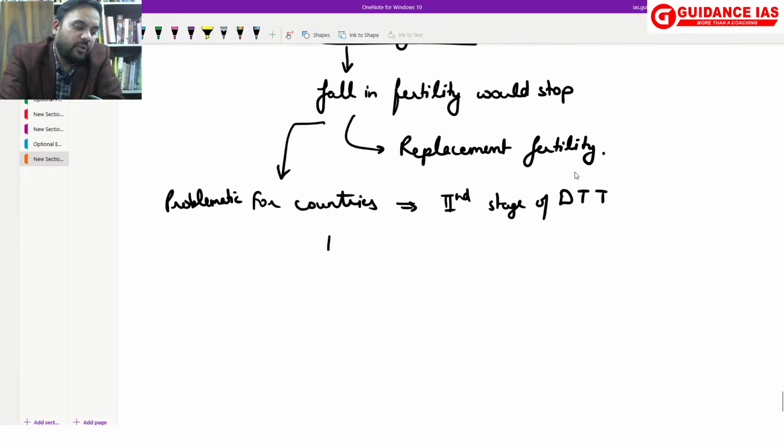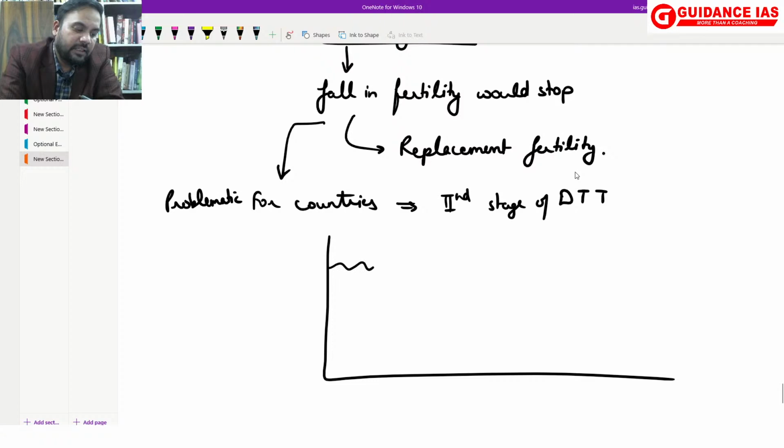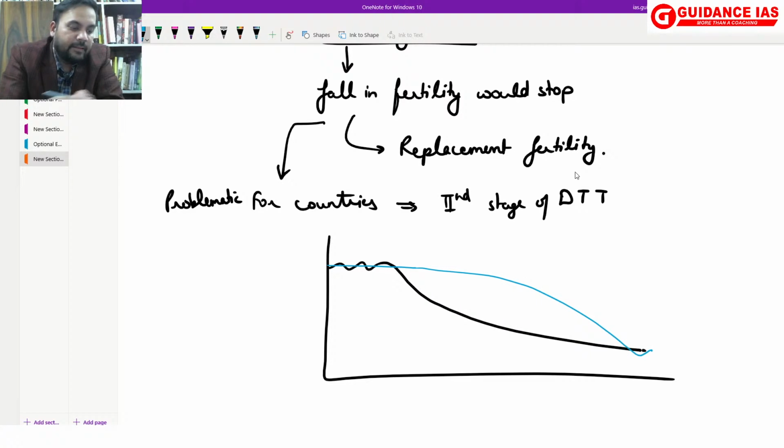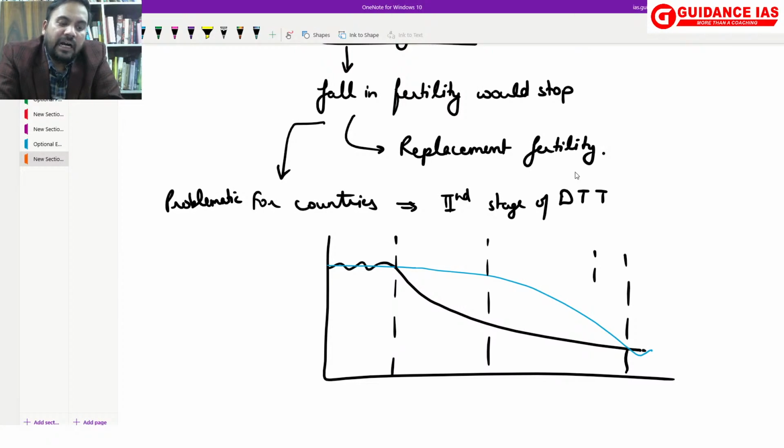So if you are aware about demographic transition, you must be aware that in the demographic transition model, the fertility declines only after mortality has declined to a sufficiently low level. Okay? Then only the fertility decline begins.